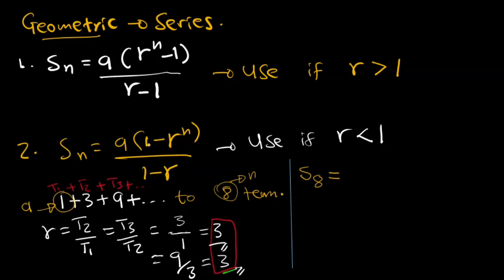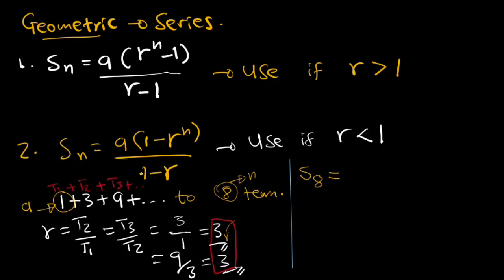Which formula are we going to use between these two, and how do we know? After determining the value of r, that will tell you which one to use. What is the value of r? R is equal to 3. Is r greater than 1 or less than 1? R is greater than 1, all right? Therefore, we are going to use that formula. What is the value of a?